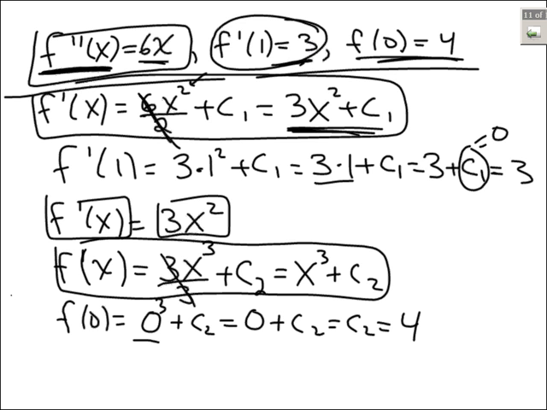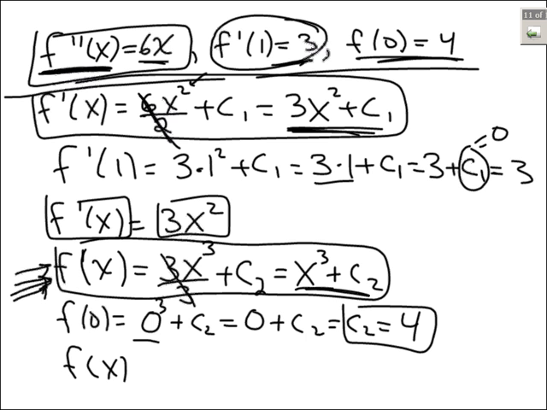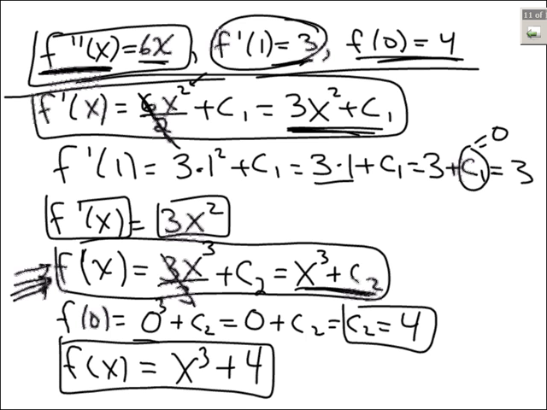I update this formula with the fact that C2 is 4. So f of x, copying down this line, is equal to x cubed plus 4, because C2 is 4. That's what f of x is. We can verify it.